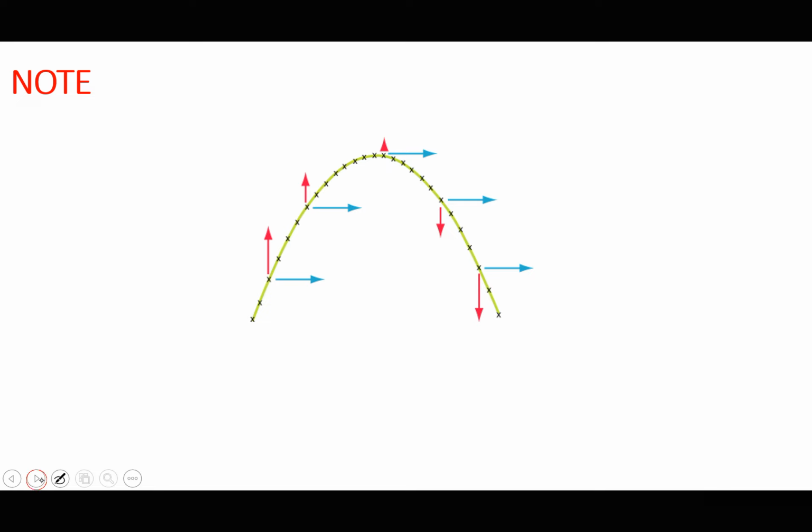So this is what I've been just talking about for simplicity. So the vertical velocity decreases on the way upwards. So the red arrow is showing velocity in the vertical, and we are noticing that the red arrow is becoming smaller. Of course, at the highest point here, there is no vertical velocity because it becomes zero.